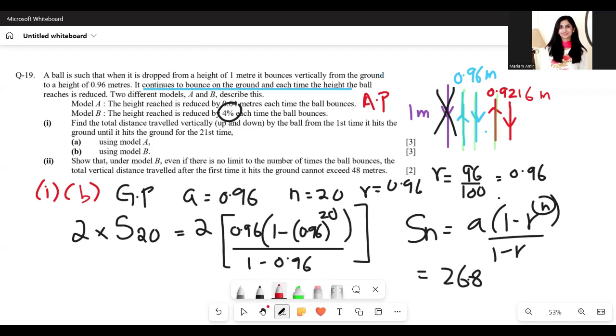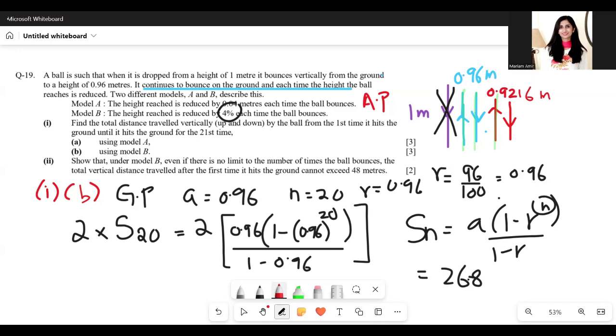Okay. Part 2 is show that under model B, even if there's no limit to the number of times the ball bounces, the vertical distance traveled after the first time it hits the ground cannot exceed 48. Okay.